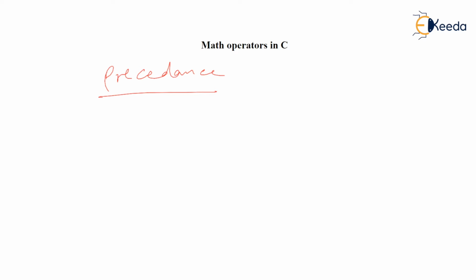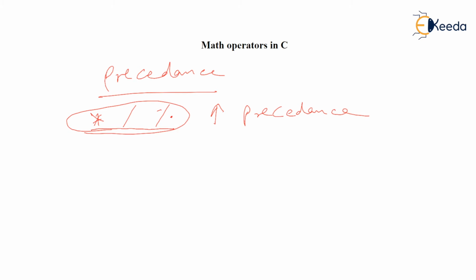Now, you all know the BODMAS rule very well. The same thing I am explaining here just for revision. In the precedence, what is necessary to understand is that multiply, divide, and percent, these three operators, are from the same family and they have higher precedence. All of them have equal precedence.